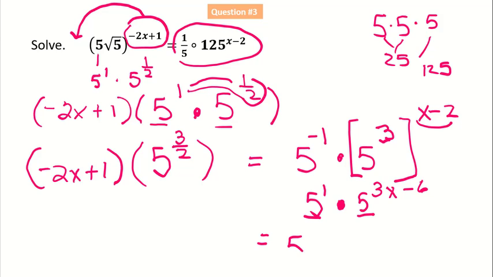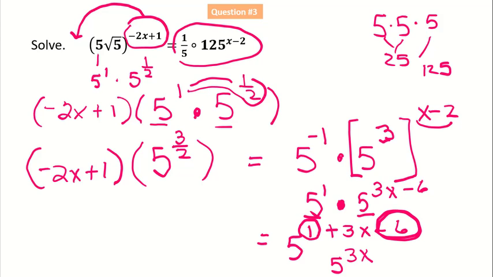That's going to be 5 to the 1 plus 3x minus 6. You can put together your constants. 1 plus negative 6 is negative 5. So this power is 5 to the 3x. Negative 6 plus positive 1 is negative 5.